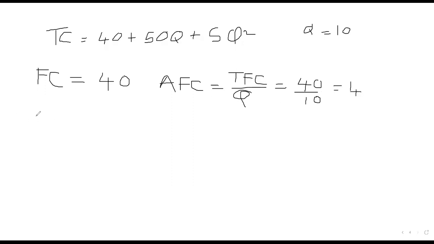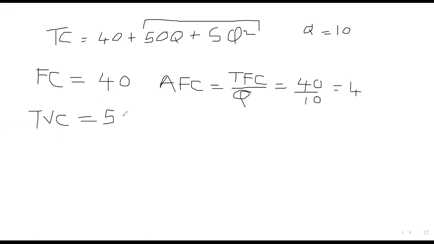Then what becomes our total variable cost? What is the function of the total variable cost? We said variable cost is simply the aspect of the cost that is dependent on output. In layman's language, it is simply the part that has a letter. So here, what becomes our variable?